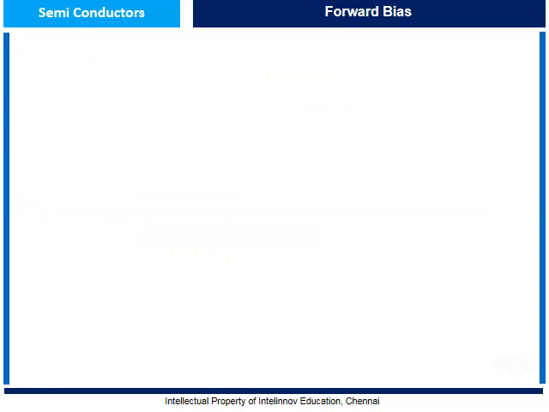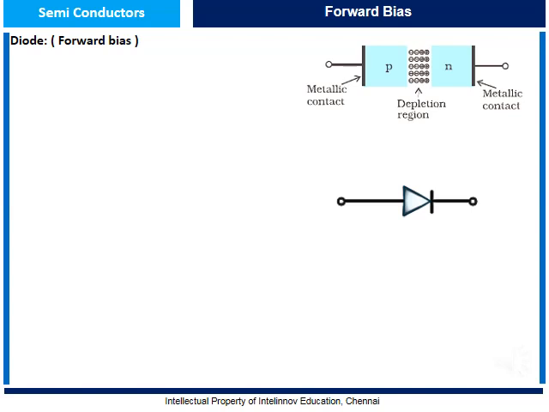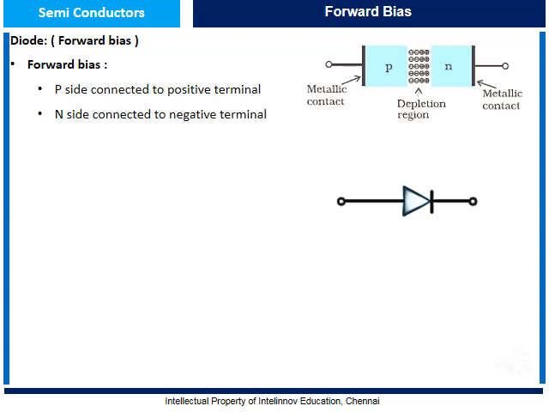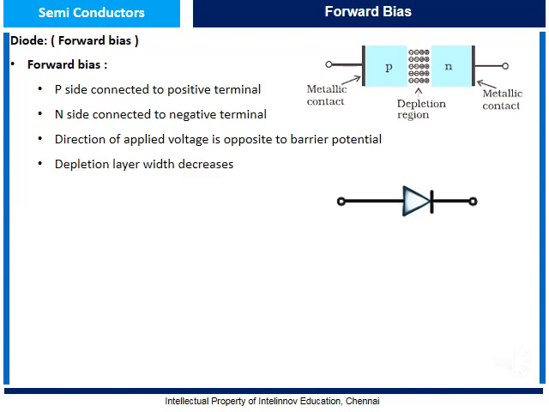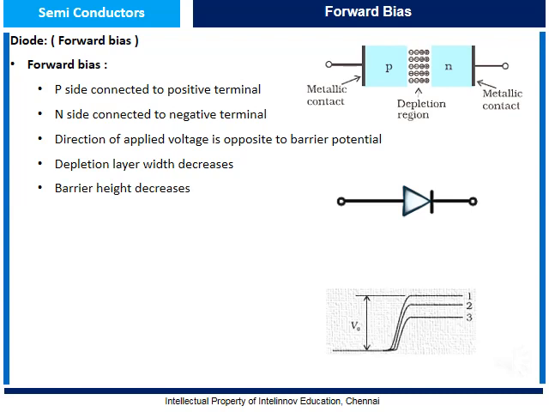Now let us understand the working of a PN junction diode under forward bias. In case of forward bias, the P side is connected to the positive terminal and N side is connected to the negative terminal, and direction of applied voltage is opposite to the barrier potential. In case of forward bias, depletion layer width decreases, and hence barrier height also decreases.